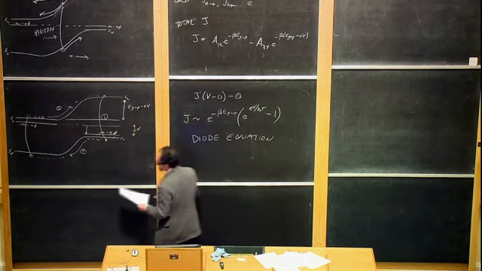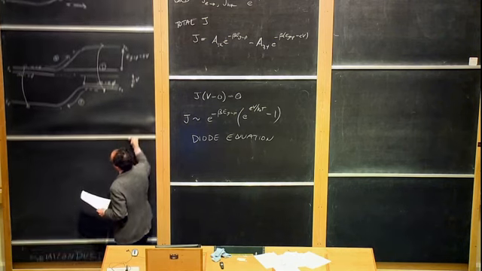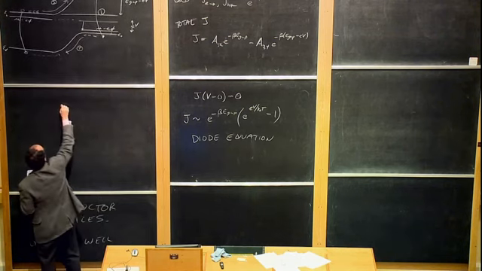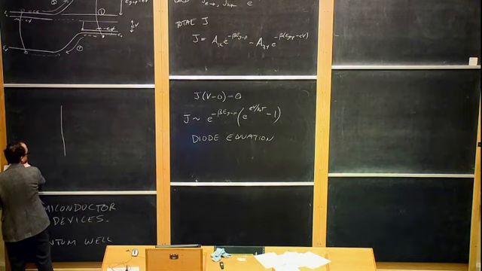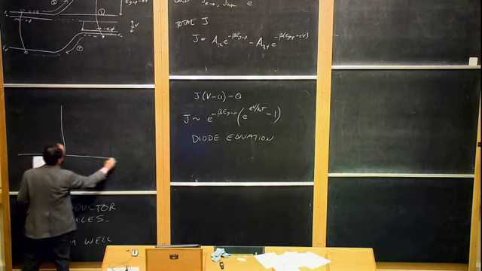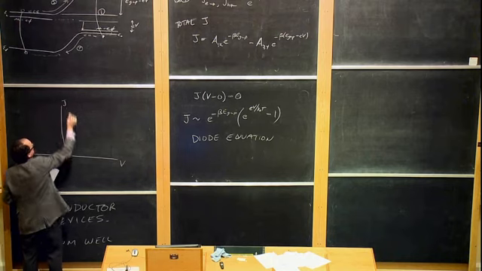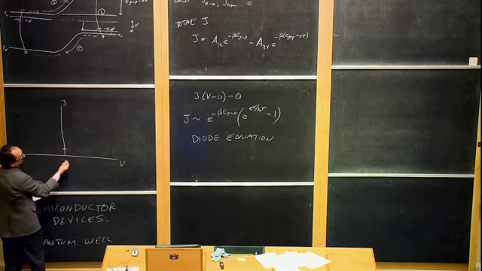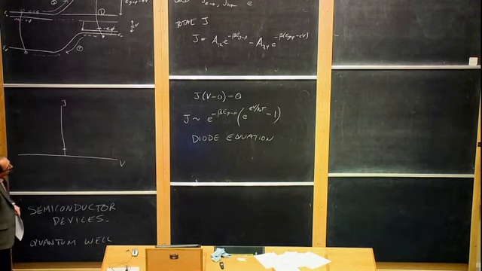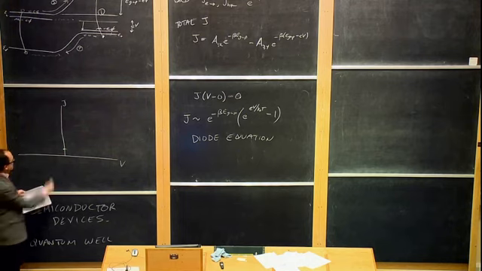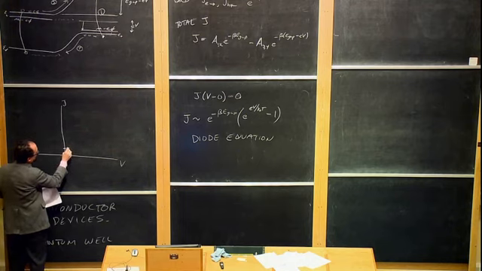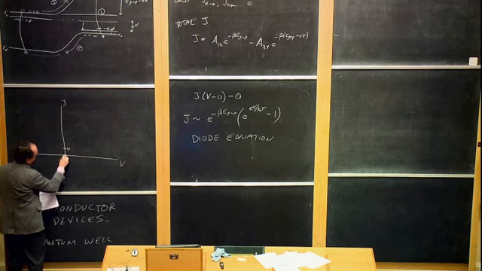And we can plot its behavior over here. So we have voltage on this axis and current on this axis, and it's exponential in the voltage. So this is zero current here, and this is negative current here.